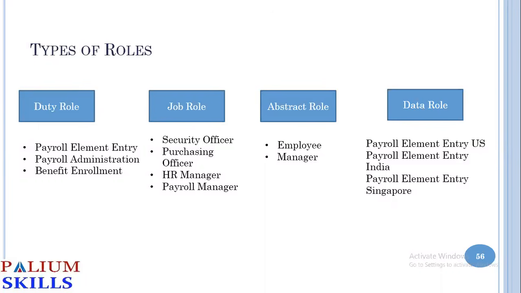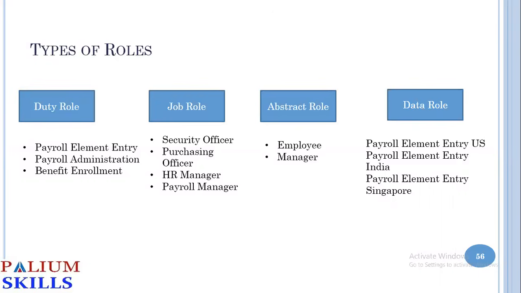Then you have a job role, which is like security officer, purchasing officer, based on what work you are doing. HR manager, payroll manager. Then you have duty role. That means within a particular job role, you might be doing certain duties like payroll element entries, payroll administration, benefit enrollment, running of payrolls, right?